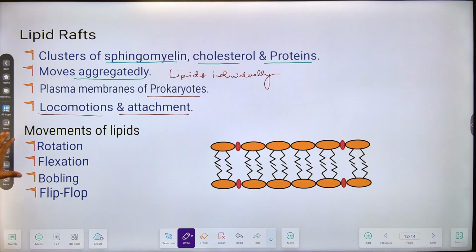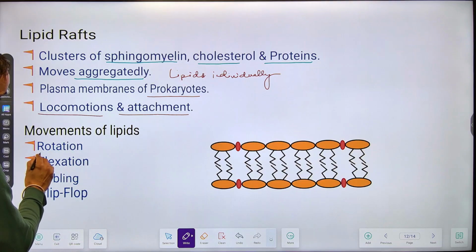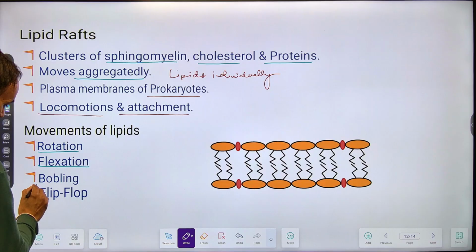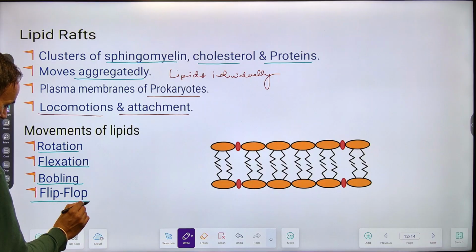Now comes the movement of lipid, and there are 4 important types of movement of lipids, that is rotation, flexation, bobbling and flip flop.